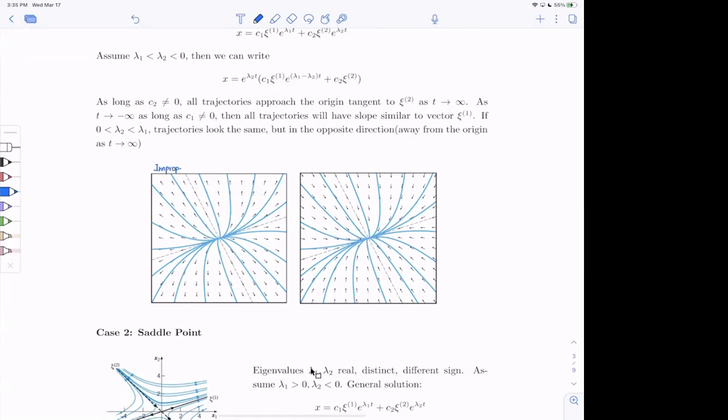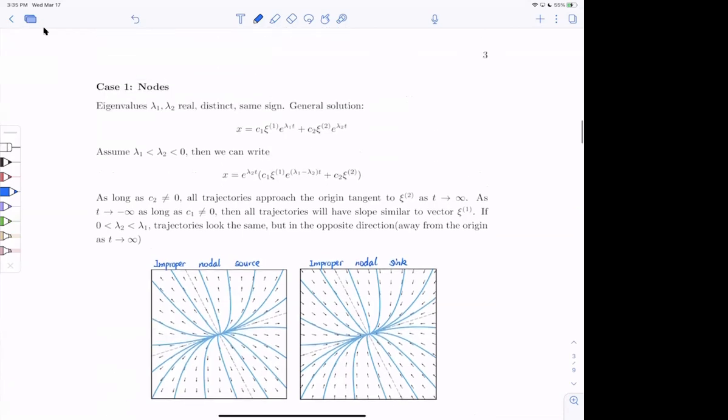Improper nodal source and improper nodal sink. Okay, so that is the first one.